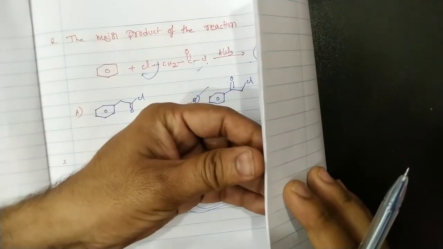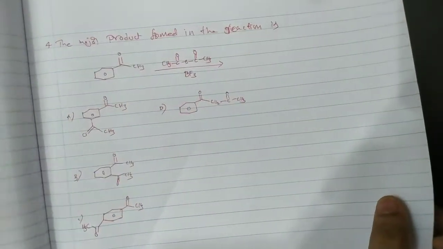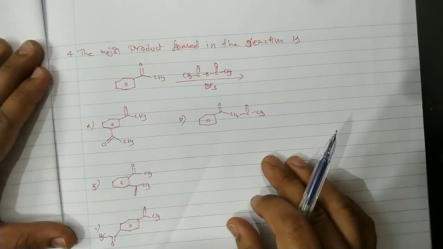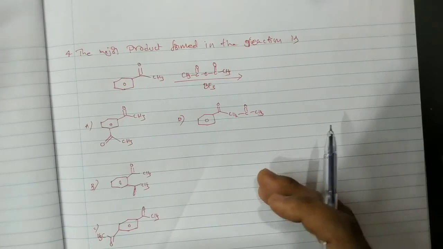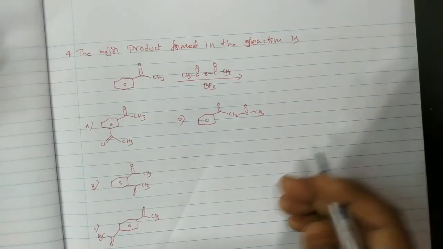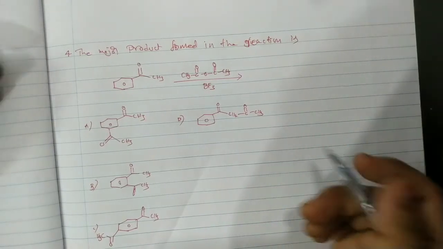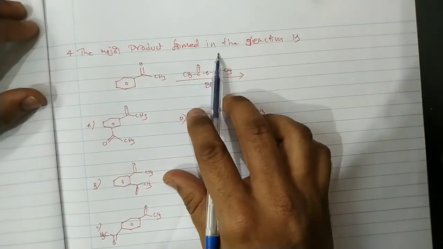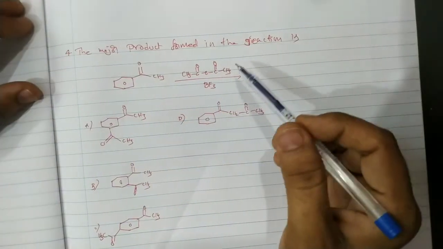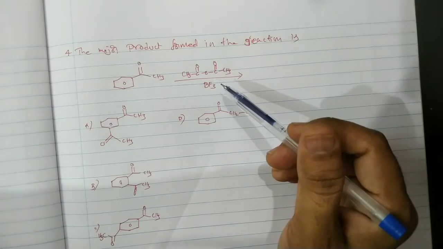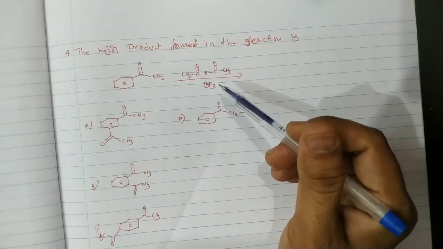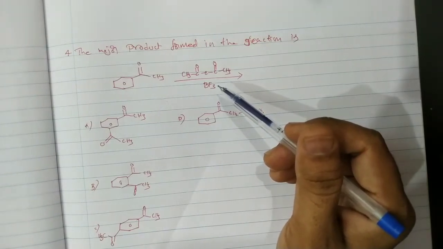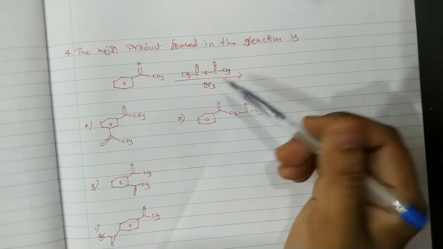And next, yeah, one more interesting reaction here. This one I have taken from Jonathan Clayden and Greeves. So in this case, the major product is formed in the reaction actually. Of course, you know that the benzene having an electron withdrawing group is not involved in a Friedel-Crafts acylation as well as alkylation reaction.